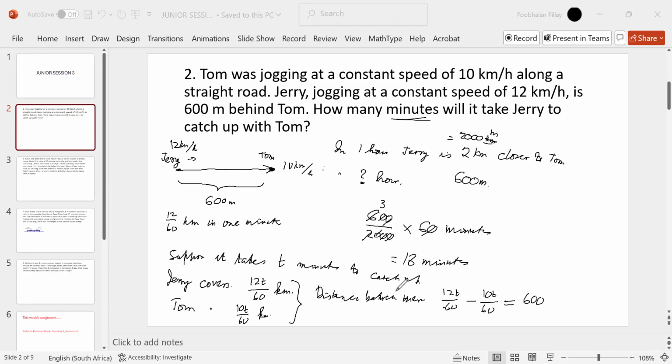Wait a minute. I'm sorry. I'm getting very confused here. The distance between them is 600 meters, and you. Okay, let's just ignore this.